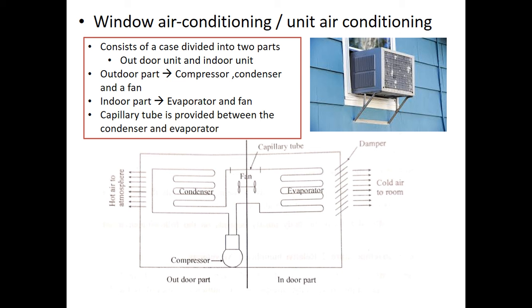Similarly the indoor part, if you look at the diagram here, you can see the outer part consists of a compressor, a condenser, and again a fan. Similarly the indoor part consists of an evaporator and a fan.